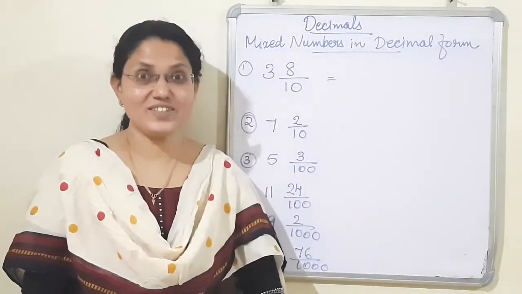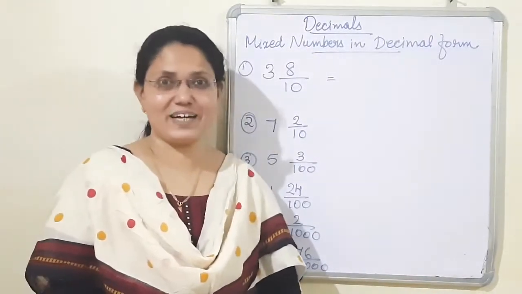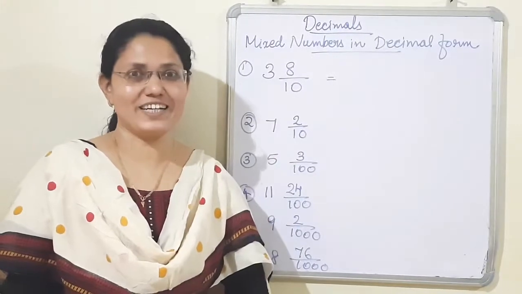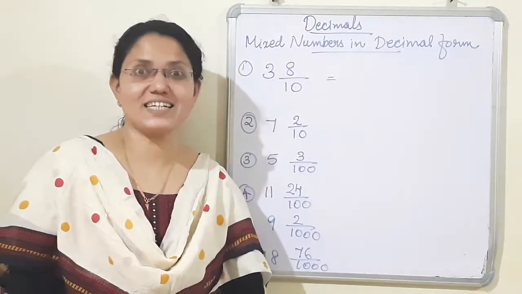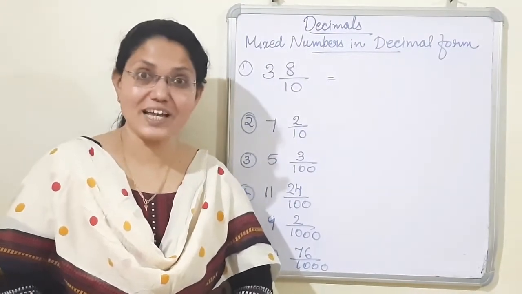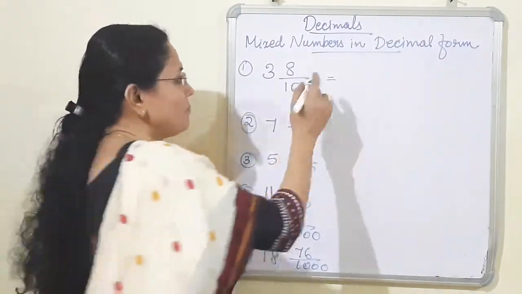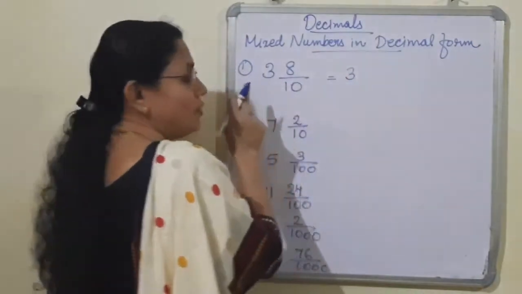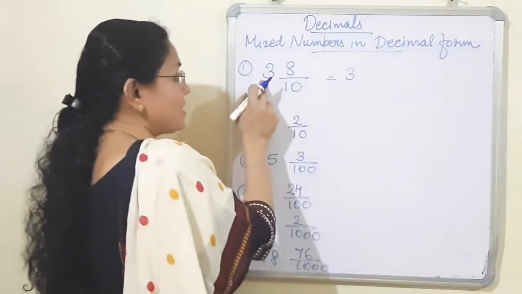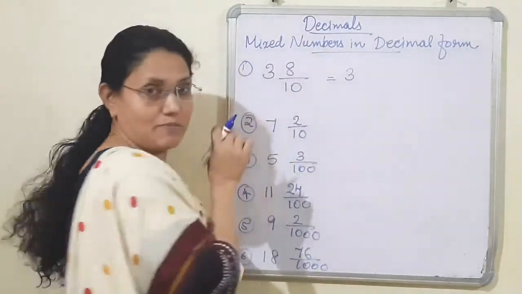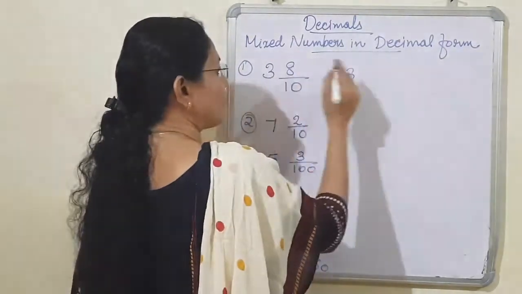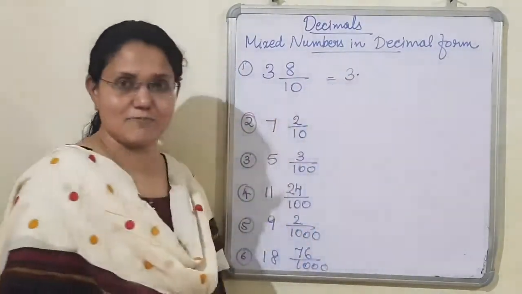Dear children, the first question is 3 8 by 10. Here the whole number is 3 and the fraction is 8 by 10. We have to change this 8 by 10 into a decimal number. The whole number part you can write as 3. The decimal point separates the whole number and the decimal part, so immediately after the whole number you put a decimal point.